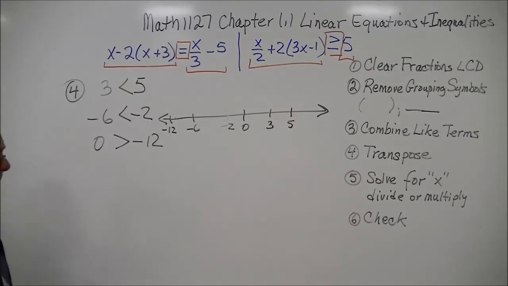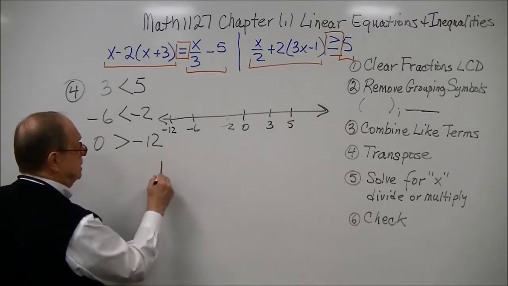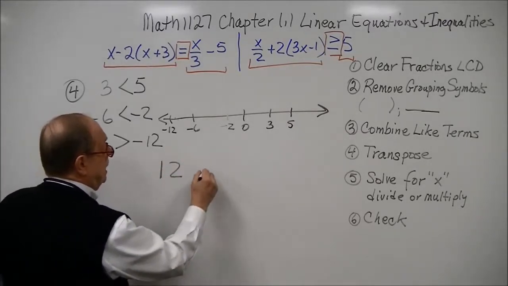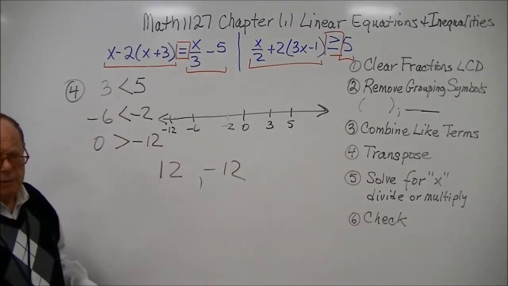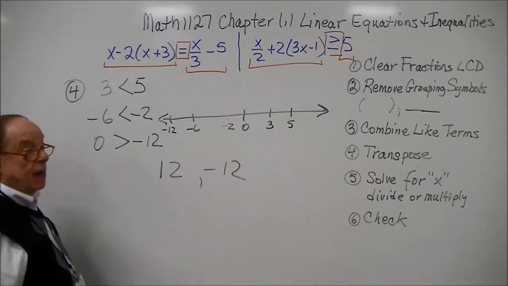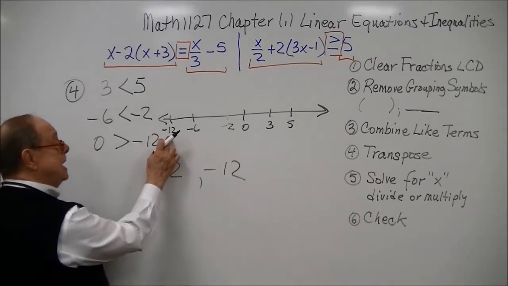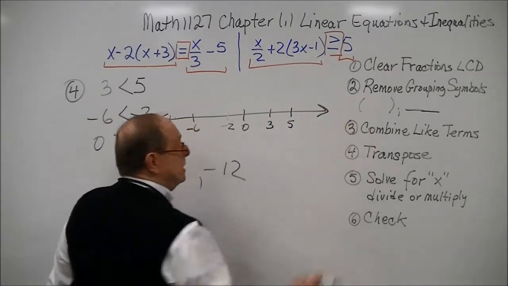One of the areas I might mention is that students, when they see the number 12 and a negative 12, you might think, well, these numbers are the same because it's 12. But remember, negative 12 is over here, positive 12 is over there.